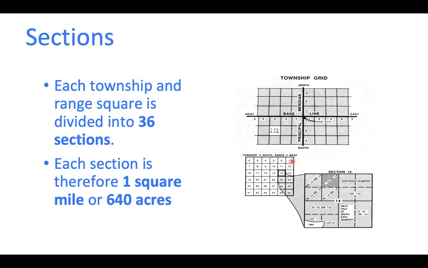Okay? So we've got these 1 square mile sections that are equivalent to 640 acres. And I say this whole 1 square mile and 640 in terms of acres, that's good to remember because this gets back to our whole area idea. If you're looking at a map and you're looking at a section, you know that's equivalent to 1 square mile. You know that's equivalent to 640 acres.